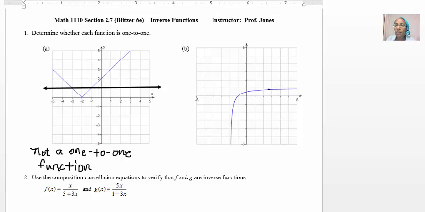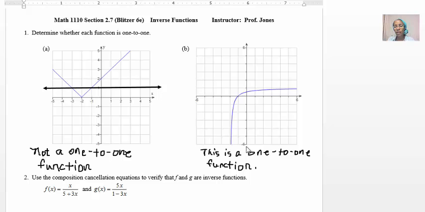I notice, though, that this portion of the graph is not horizontal. Every time you move slightly to the right, the graph is slightly moving up, and it keeps getting closer and closer to y equal 1 without actually touching it. So no horizontal line will touch this graph more than one time. So this is a one-to-one function.